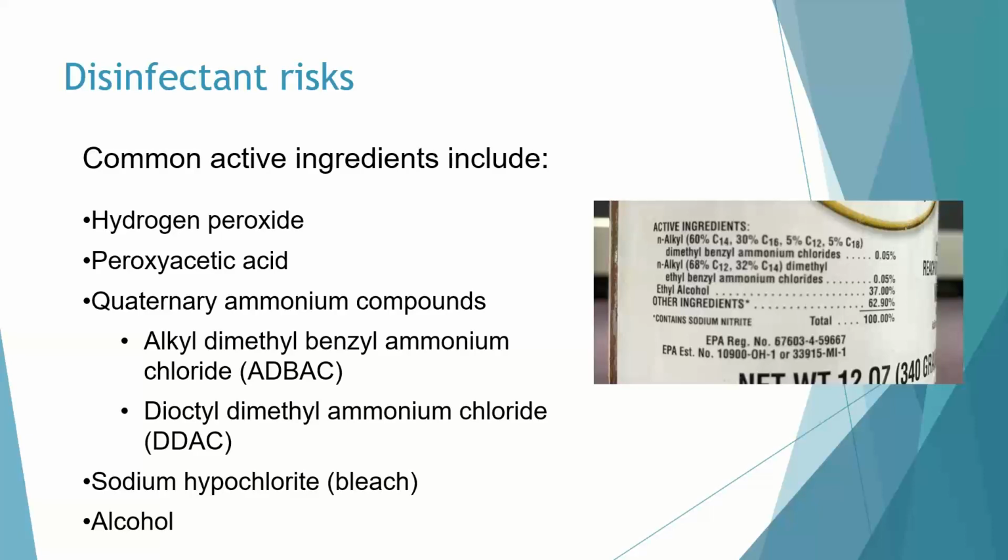So I took a photo of one that I found under our counter, and it's got a couple of those quats in it. They'll often be listed on the label as their specific chemical name, which often looks like a long, complicated string of chemicals. But those are quaternary ammonium compounds. Next slide.